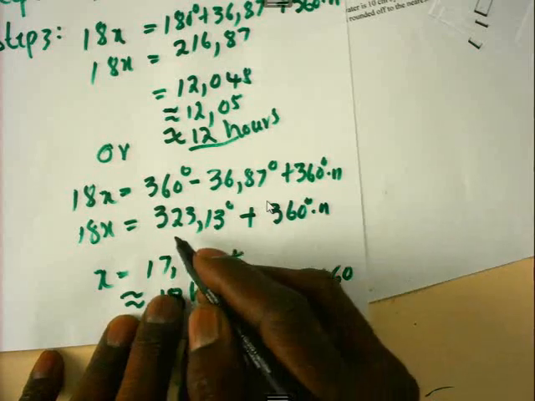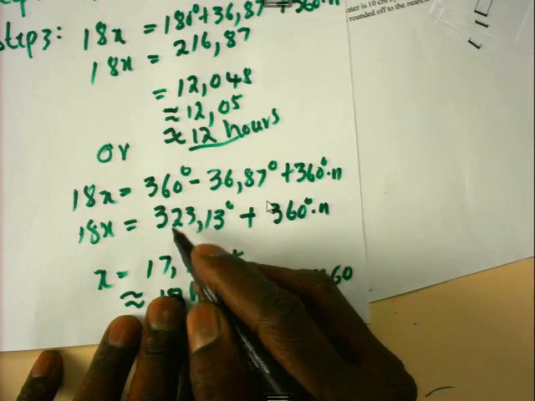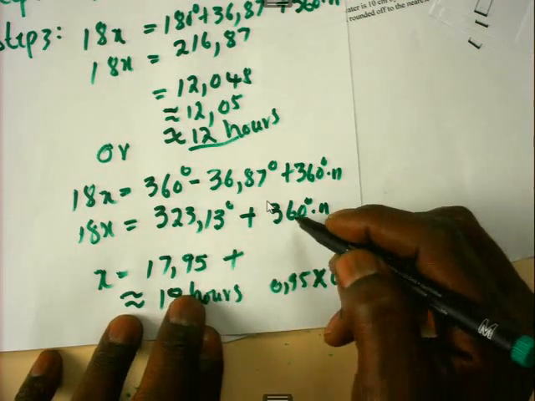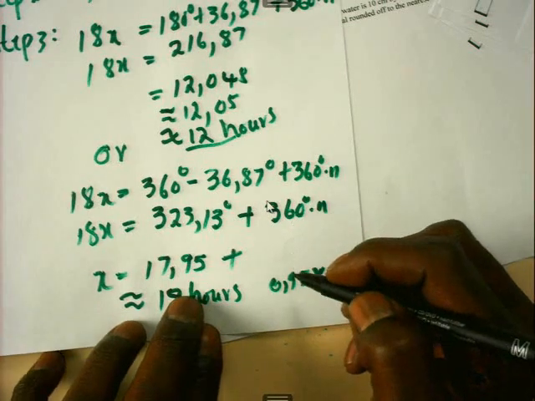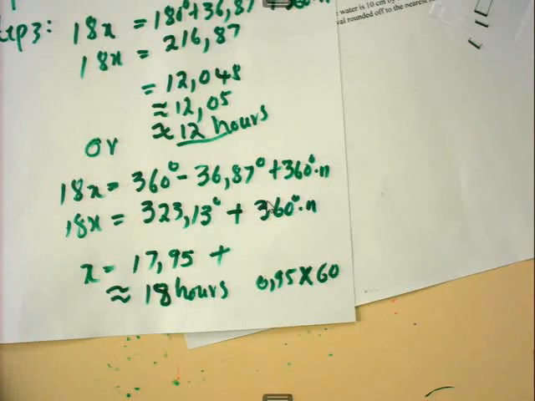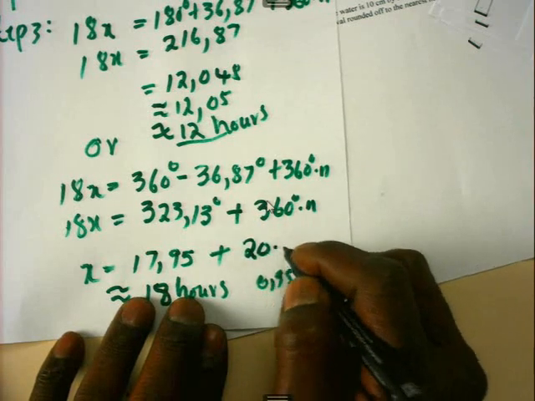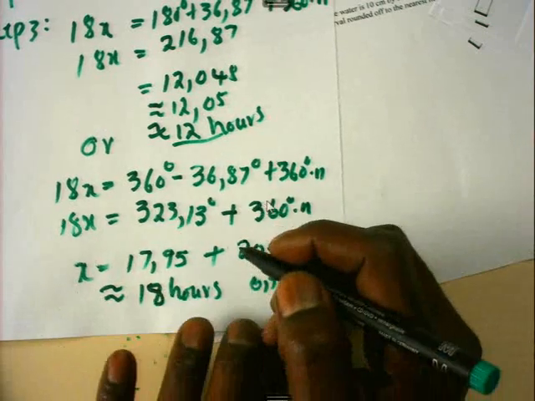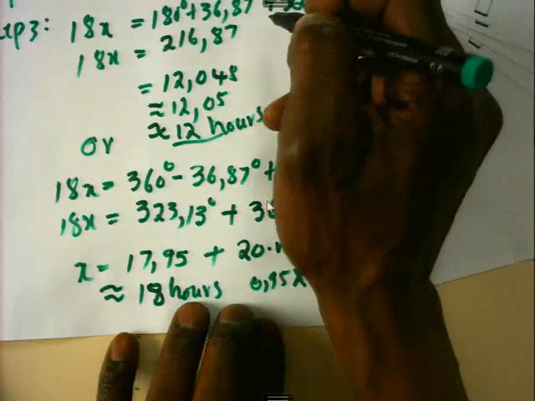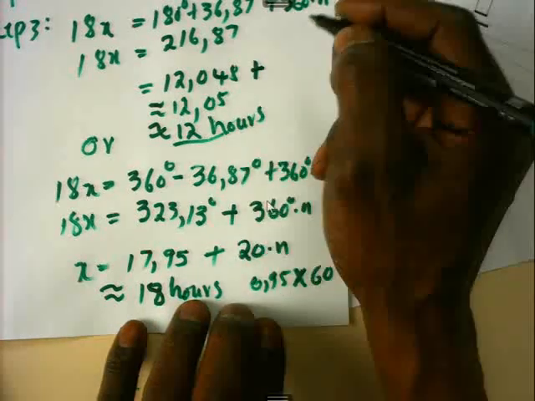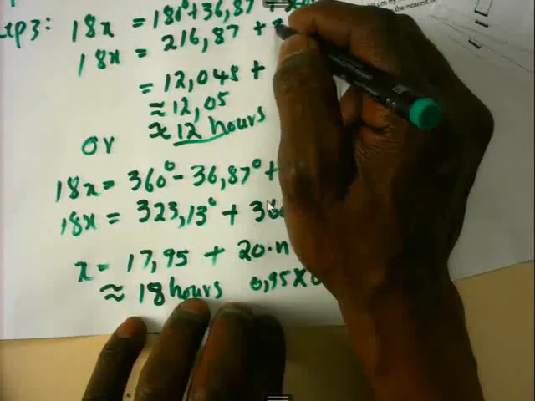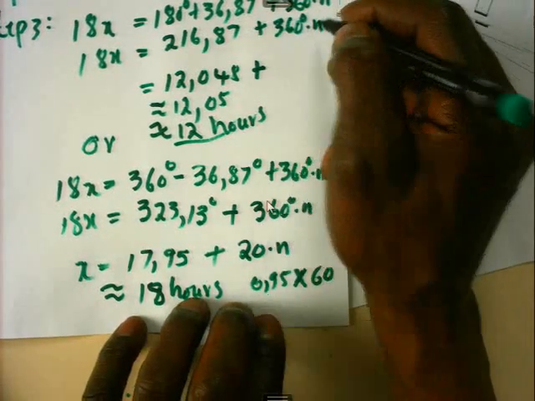Now we have divided this value by 18 to get 17.95. Therefore, we must divide this 360 by 18. So if we divide 360 by 18, we get 20 times n. Similarly, we're going to do the same here. This will be plus 360 degrees times n.